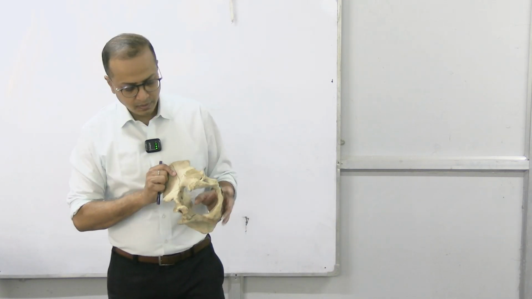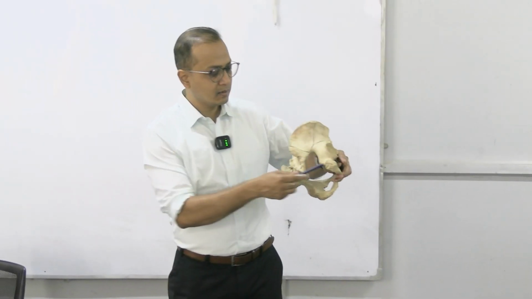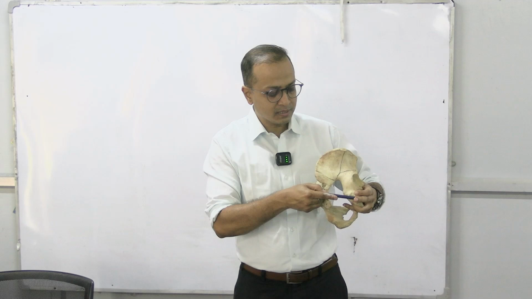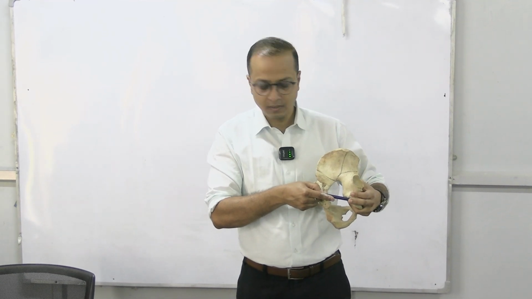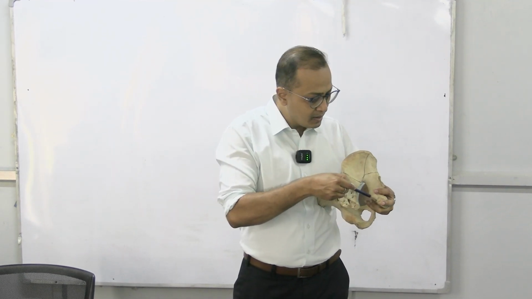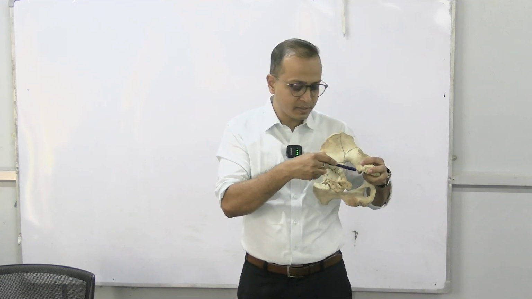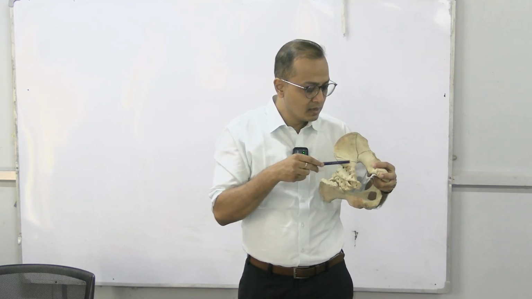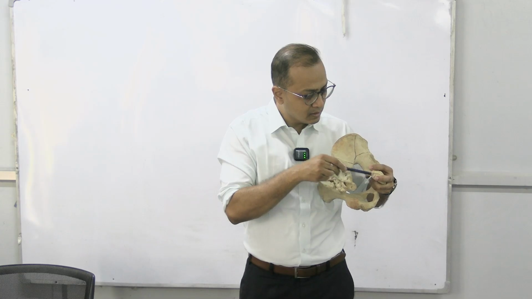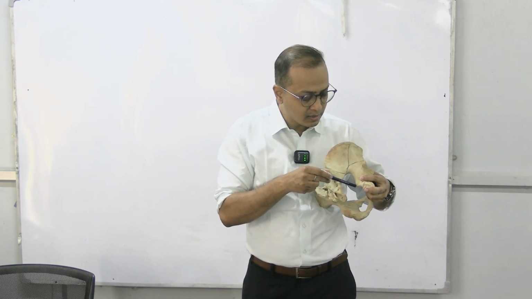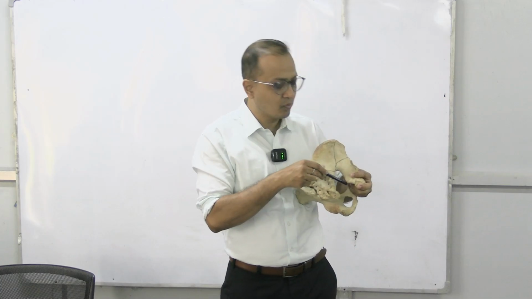Now coming to the other ligaments. Between the ischial tuberosity and the sacrum, we have a ligament called the sacrotuberous ligament, and between the spine and the sacrum, we have a ligament called the sacrospinous ligament. These two ligaments convert the notches into foramens.